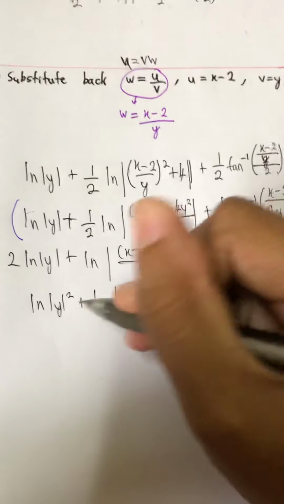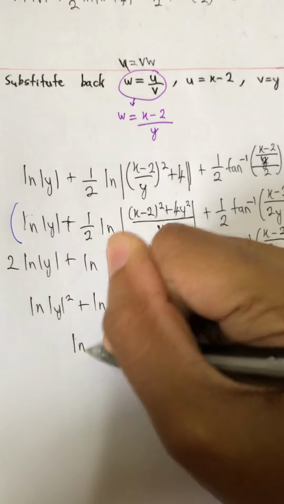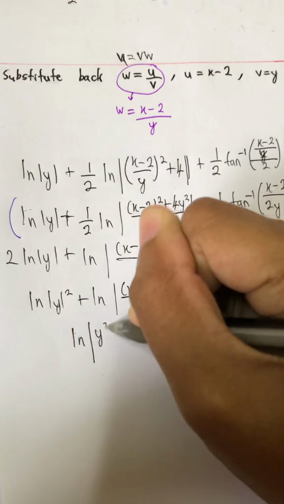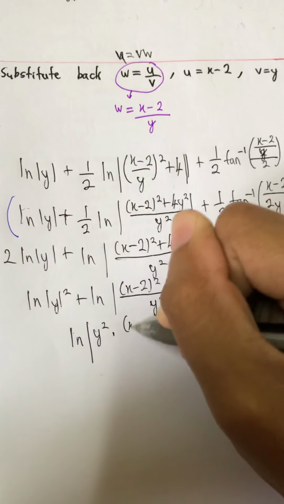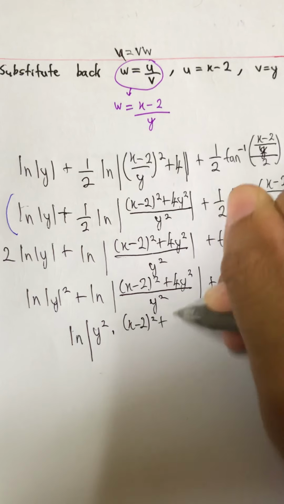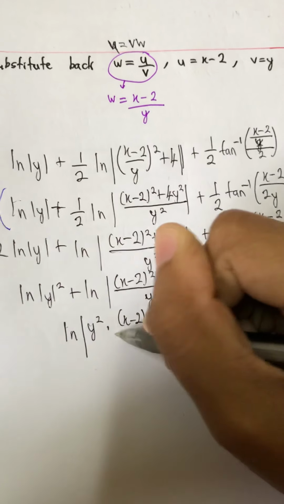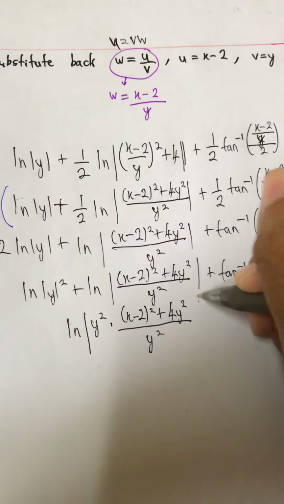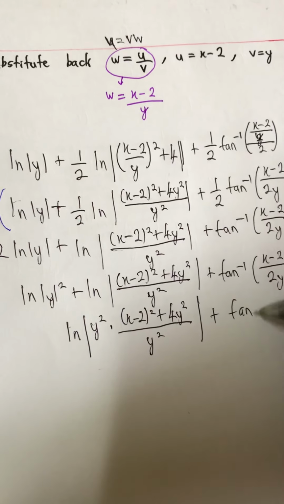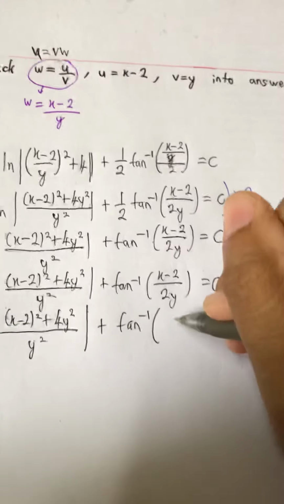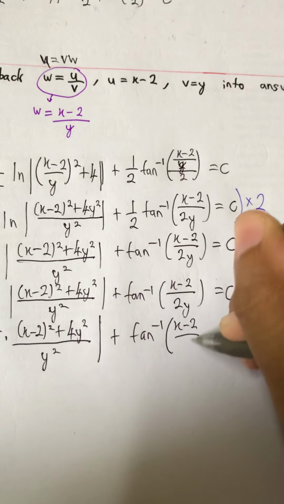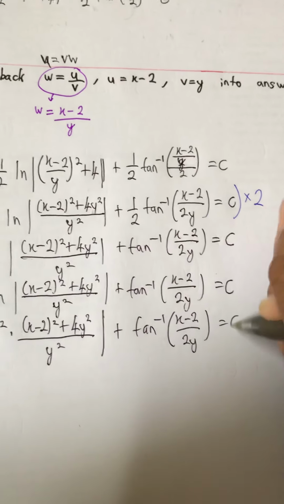So this part becomes ln of y² times ((x − 2)² + 4y²) over y², plus tan⁻¹((x − 2)/2y) equal to c.